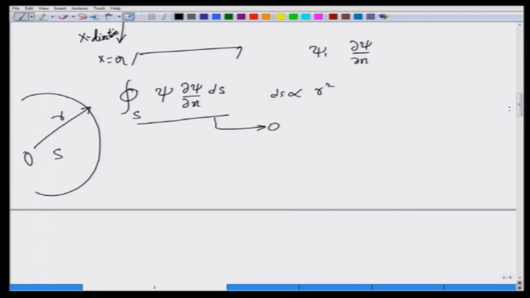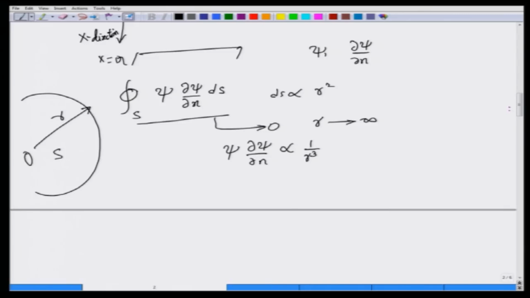Well, I cannot just say this to be 0 at a particular value of r. My qualifying condition is that if I start increasing the radius of the sphere to infinity, then when will this quantity be equal to 0? It will be equal to 0 provided this psi del psi by del n goes at least as 1 by r cube.